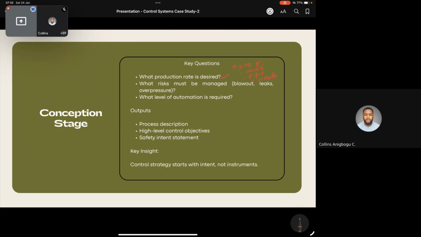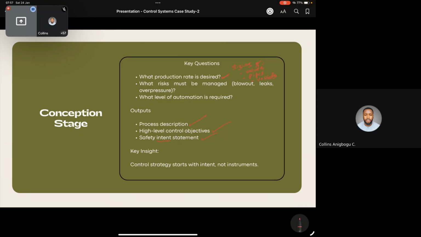So once you ask all of those questions and you do your analysis, you generate a documented process description, and then you generate very high level control objectives, and then you define the safety intent. This is the key word.